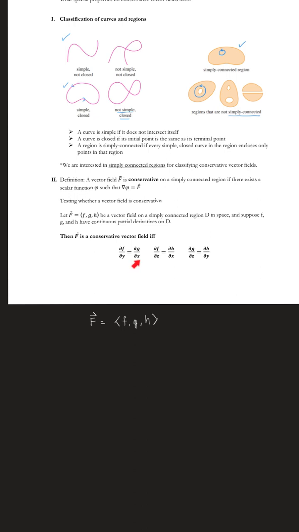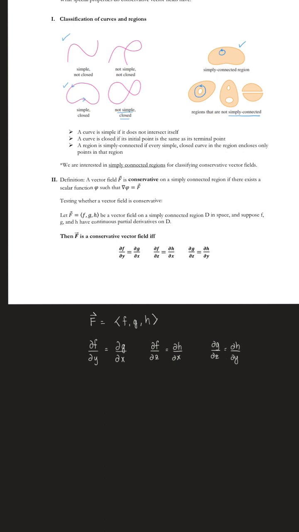You can look at these equations. We're going to talk a little bit about what they mean, but we want to show that the partial of f with respect to y equals the partial of g with respect to x, and the partial of f with respect to z equals the partial of h with respect to x, and the partial of g with respect to z equals the partial of h with respect to y.